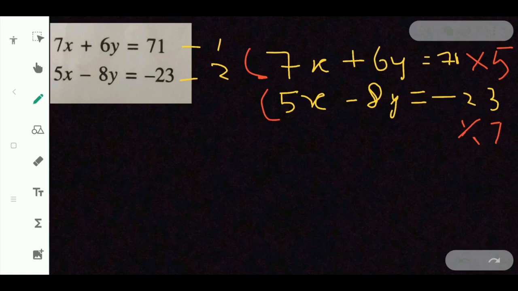So the equation will be 7 into 5, nothing but 35x, plus 6 into 5, 30y, which is equal to 71 into 5, which is equal to 355.